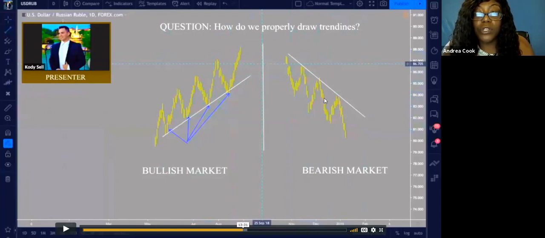Everything about the bearish market is low. So now that we broke and retested, we're going down. Now we're going lower than we were over here, so it's considered a lower low. Even though we're going up, it's not as high as we were over here, so it's considered a lower high. Not a higher high, a lower high.